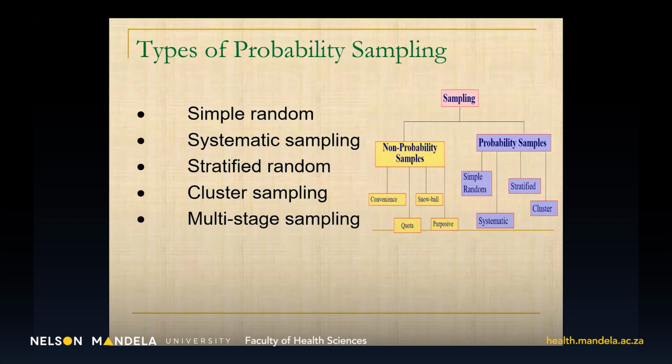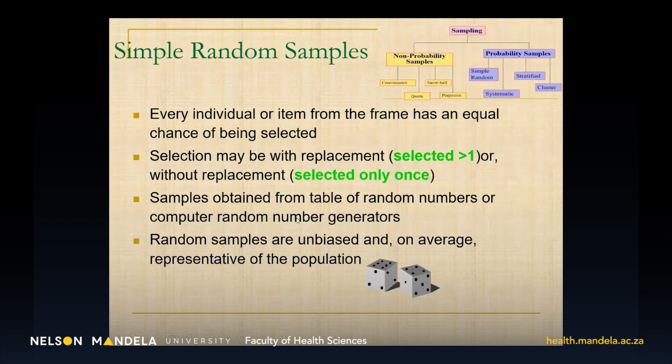Now, simple random sampling, and we've seen that. I put in multi-stage just for you, but we'll leave this multi-stage for now. I will talk about it later. Now, let's look at simple random sampling. In simple random sampling, every individual or item from a frame, we now know what a sampling frame is, has an equal chance of being selected.